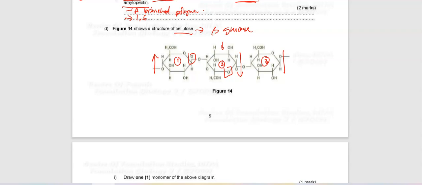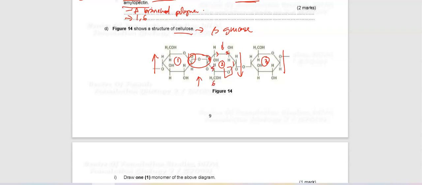But the bond will still be between carbon number 1 and carbon number 4. For carbon number 2, the numbering will start from here: carbon number 1, number 2, number 3, number 4, number 5, number 6.